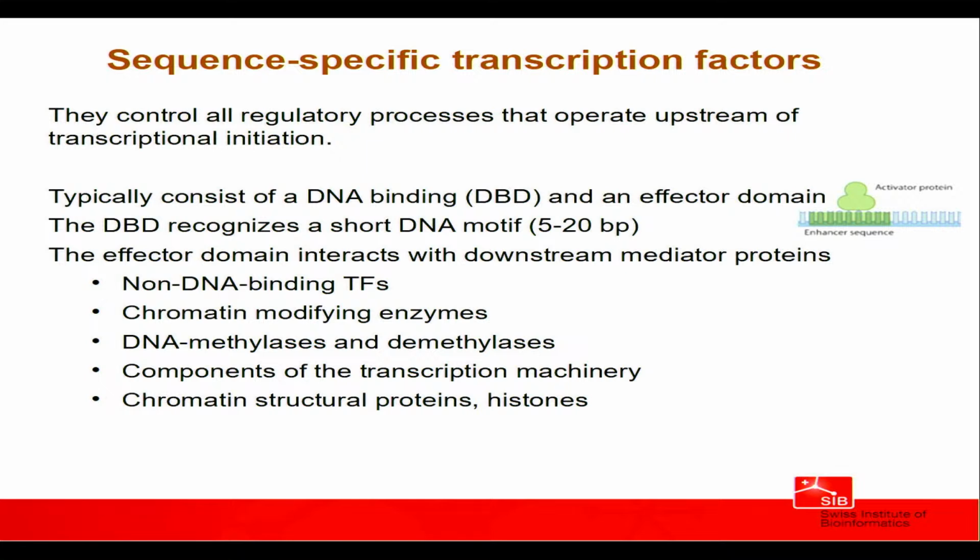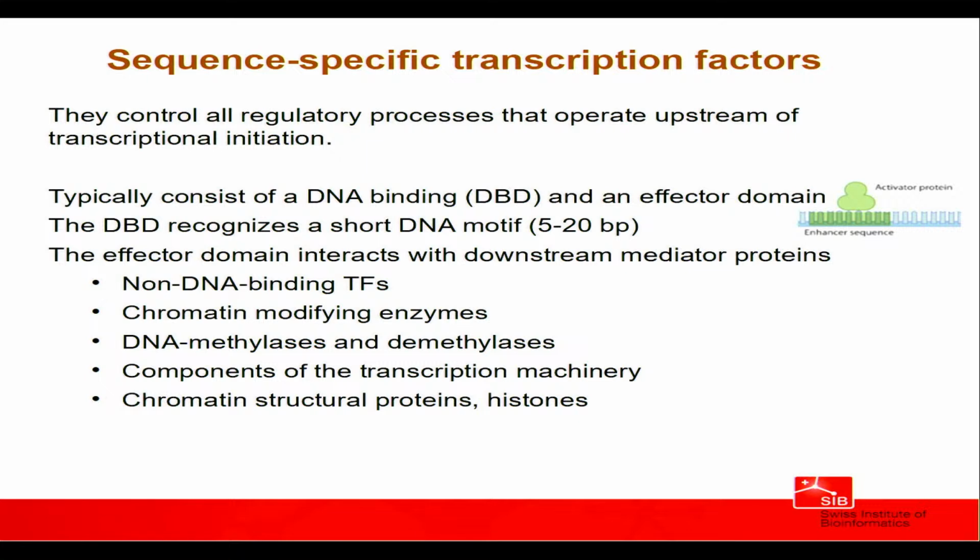Now, what are sequence-specific transcription factors doing? I say they basically control all the processes that lead to transcription initiation, also the switch between open and closed chromatin, histone modifications, and the like. They typically consist of two domains, a DNA binding domain and an effector domain.